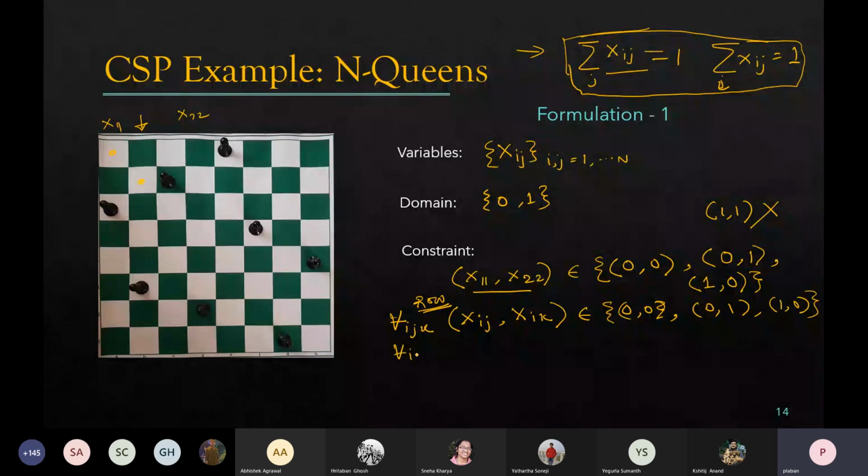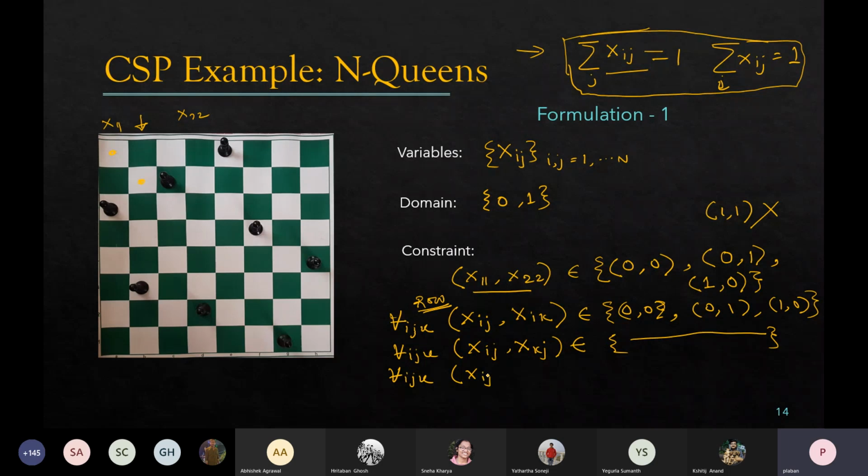How do I address the column? The reverse way, right? So basically I can say xij and, say, xkj. And this should belong to the same set, right? And we can have i, j, k, xij. Now I can add k to i and k to j. So that will give us a diagonal, say, upward, right?